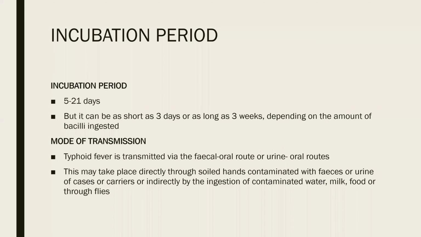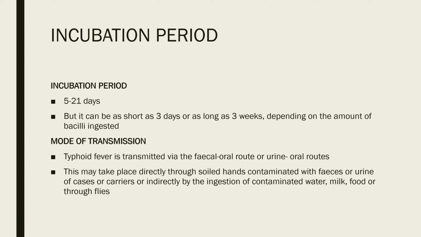So what's the incubation period of enteric fever? Different people have different ideas about this. Some say 7 to 14 days, but it's widely known that the incubation period of the Salmonella species is 5 to 21 days. It can be as short as 3 days or as long as 3 weeks, depending on the amount of bacilli ingested.